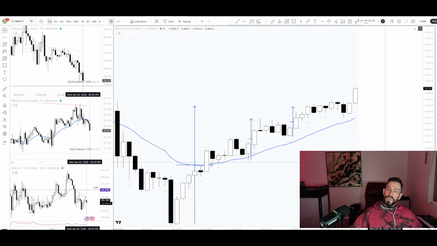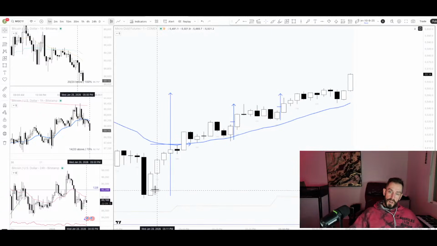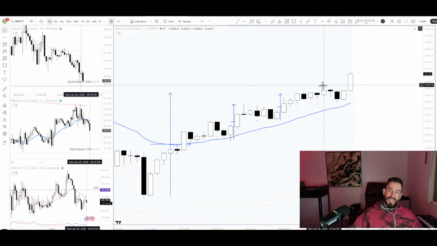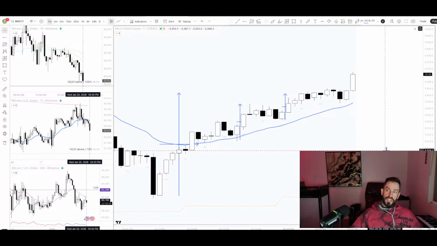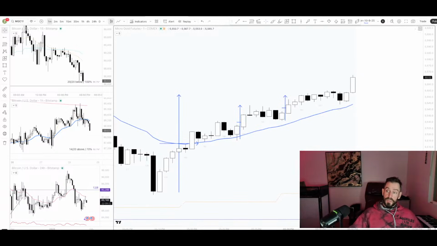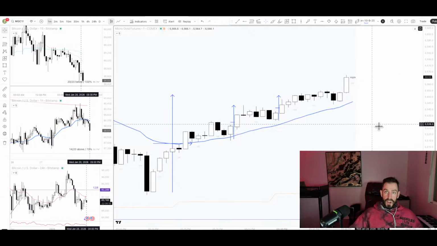Okay, so anyways, this is perfect evidence of what I'm showing you. Look, the 50% mark was here. Came back, went up, came back, went up, came back, went up. In this case, I just showed you the daily chart. This is gold. It's insanely bullish. All of the candles are above the moving average. That means the buyers are extremely aggressive on this chart.